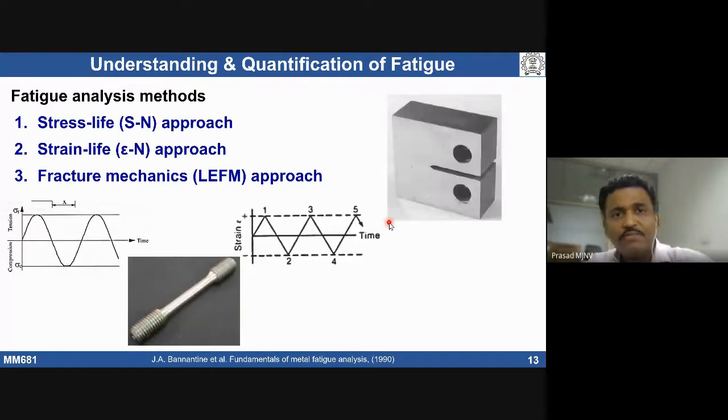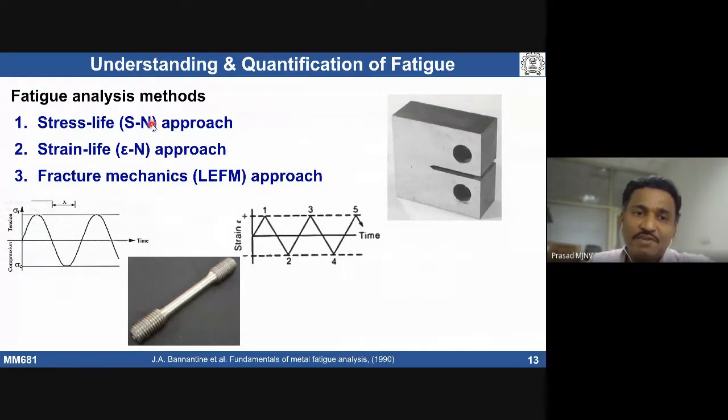Is it clear about the stress life approach, strain life approach and fracture mechanics approach? Basically, we are talking about how to quantify the fatigue phenomenon of a material. In the stress life approach, we apply a stress range. We maintain some minimum and maximum stress, then cycle the material under that minimum and maximum stress.